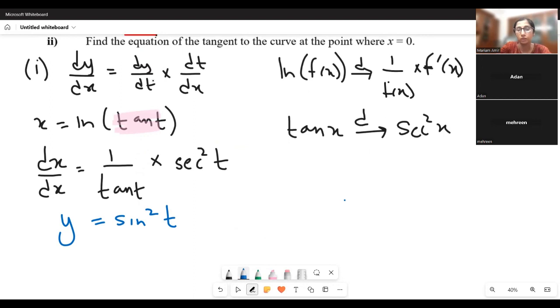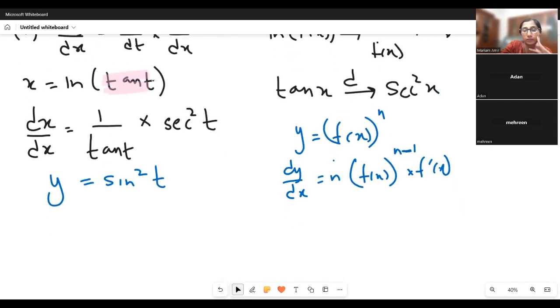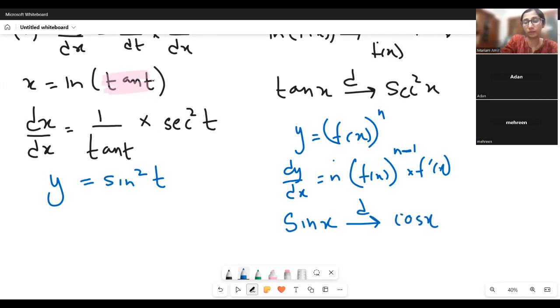The first rule applicable is the power rule, which is if y equals f(x) whole power n, then dy over dx is n f(x) power n minus 1 times f prime x. And the second rule applicable here is that you'll have to derivate f(x), which is sine x in this case. So the derivative of sine x is cos x. You should know this too.